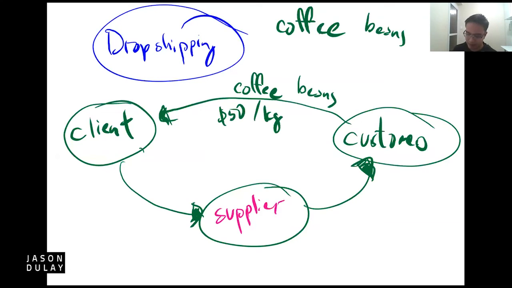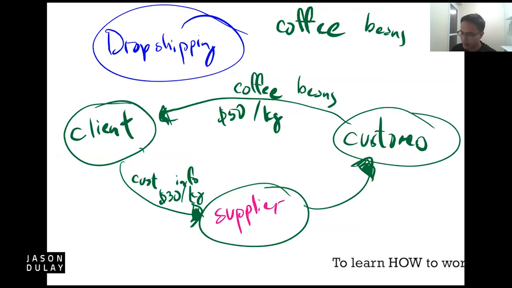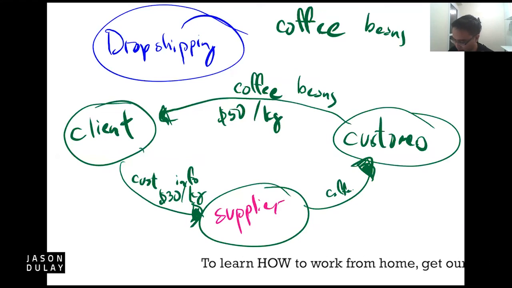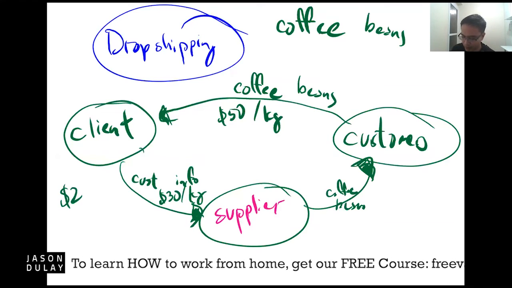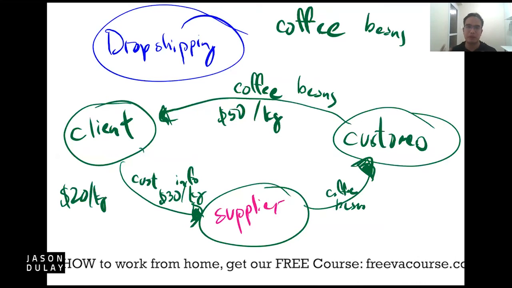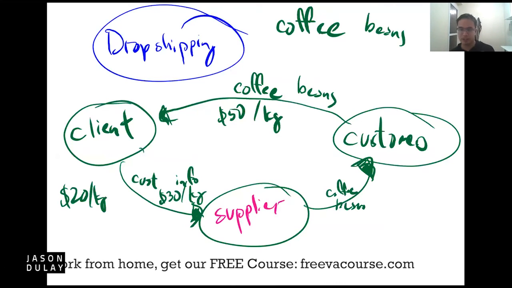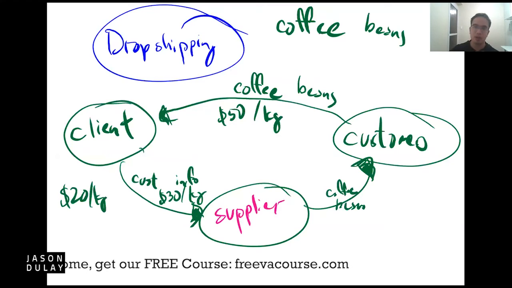The client is going to send the customer info, and then they're going to send money to the supplier, but the money they send is a lot less. They're going to send, let's say, $30 per kilo, and then the supplier will ship the coffee beans to the customer, okay? And so the client earns $20 per kilo. So this is how a drop shipping scenario works. Very much simplified, and it can get a lot more complicated, but overall, this is how it works.